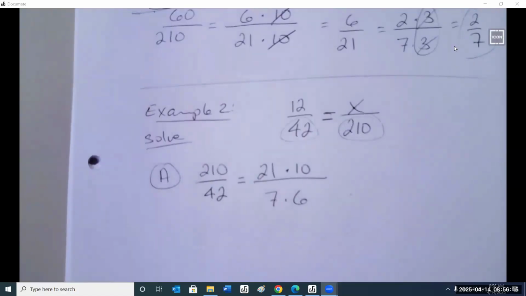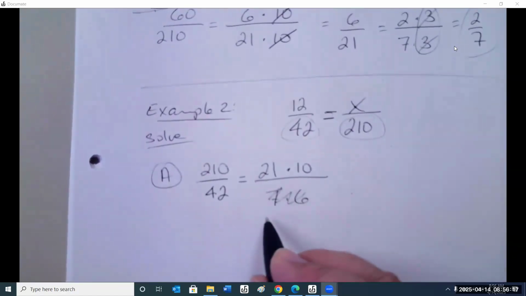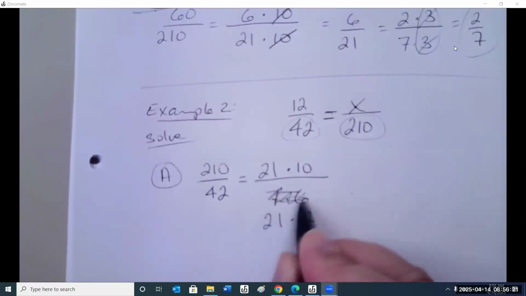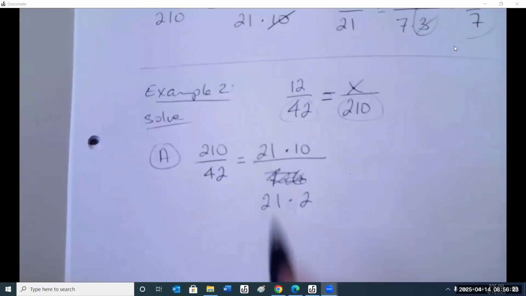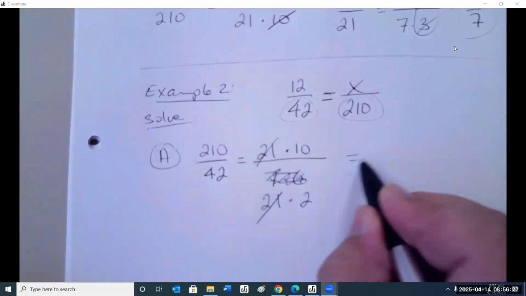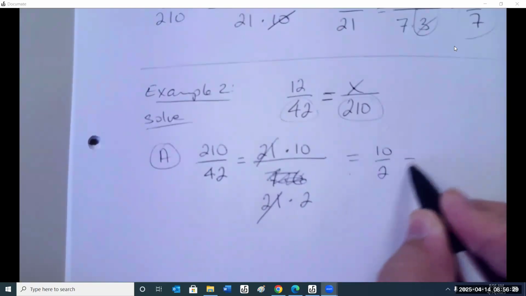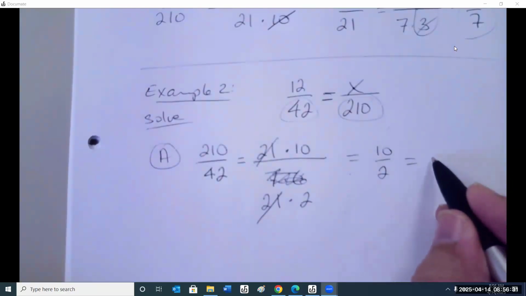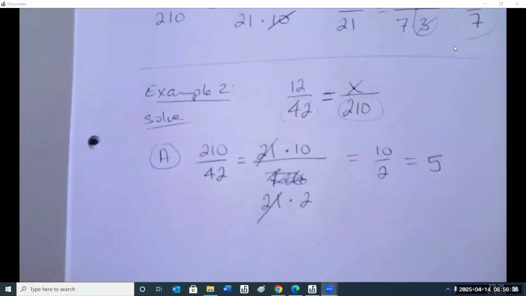Oh yeah, you could have said 21 times 2. Yeah, that's a very good one. I didn't see that one. Very good. And then we have 10 over 2. What is 10 divided by 2? 5.